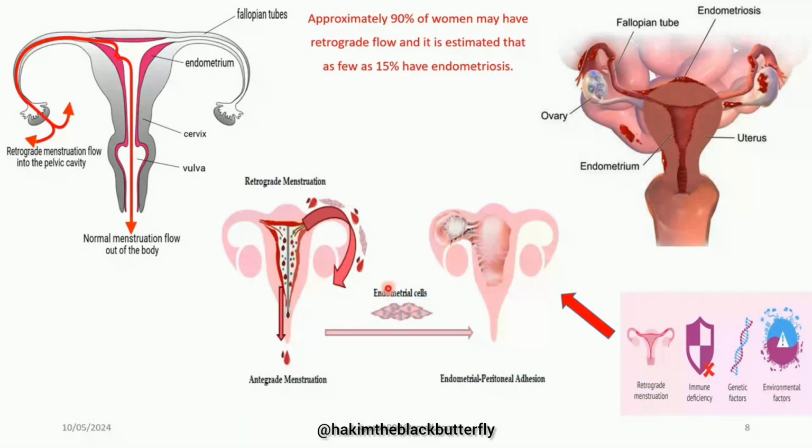Once these cells plug themselves onto the structures in this space, for example the intestinal structures and the ovaries, it's going to result in what we call endometriosis. Endometriosis means growth of endometrial tissue outside the uterus.